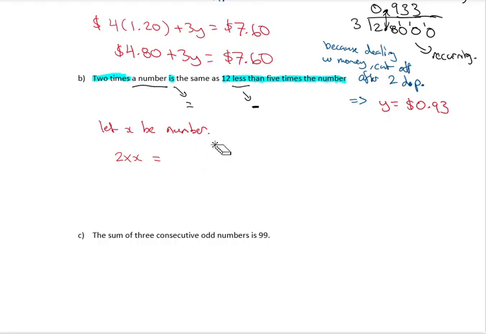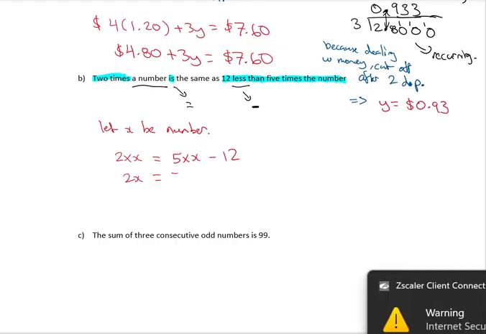Actually, it's the other way around. 12 less than 5 times the number. So that actually means 5 times x minus 12, okay? So once we sort of simplify it, we get 2x equals 5x minus 12, and then you just solve for x like normal, okay?